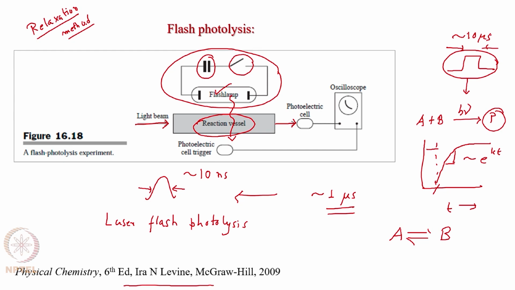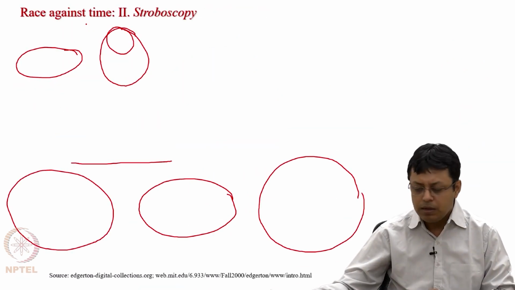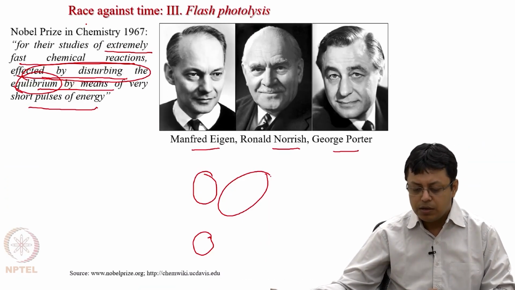In this case you always have to remember that it doesn't go back to the old equilibrium because a reaction is happening, so it gives you the product. But the overall idea is that there was an equilibrium, you disturb it, and then you establish a new equilibrium, and you watch over time how this new equilibrium is established.